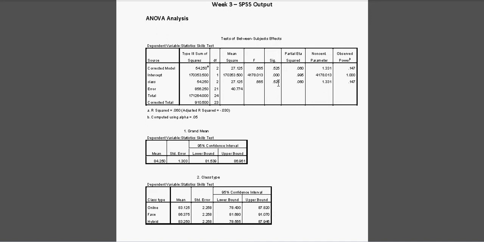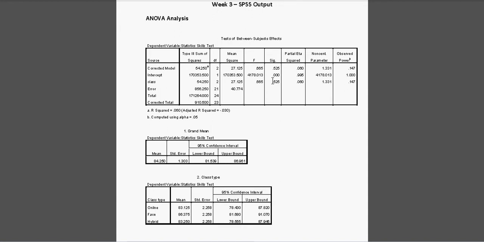Now when you report the results, you're going to want to report the F statistic, the degrees of freedom for class and error, and the significance level. And I'll show you in the instructor guidance how to make sure you're doing that. All right, so those are the two important things here.